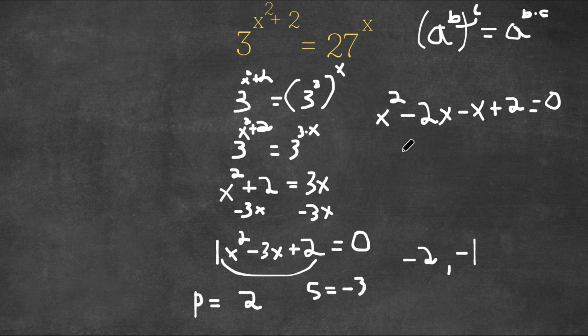And this is going to turn into x times x minus 2 minus 1 times x minus 2.